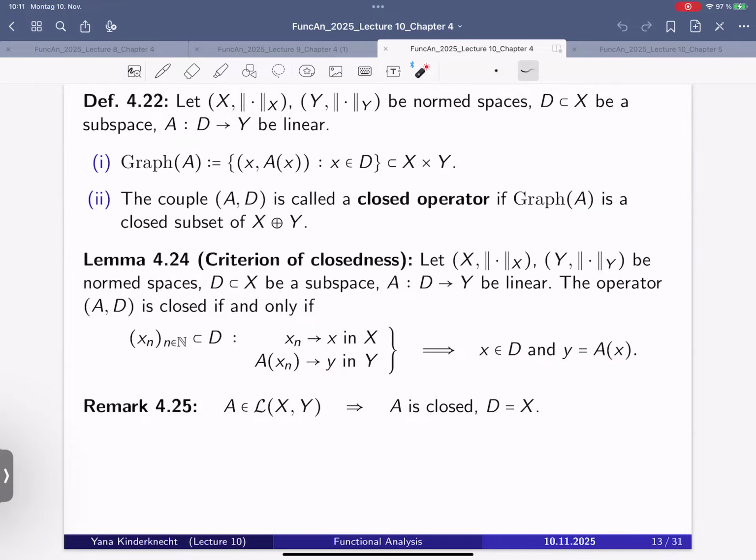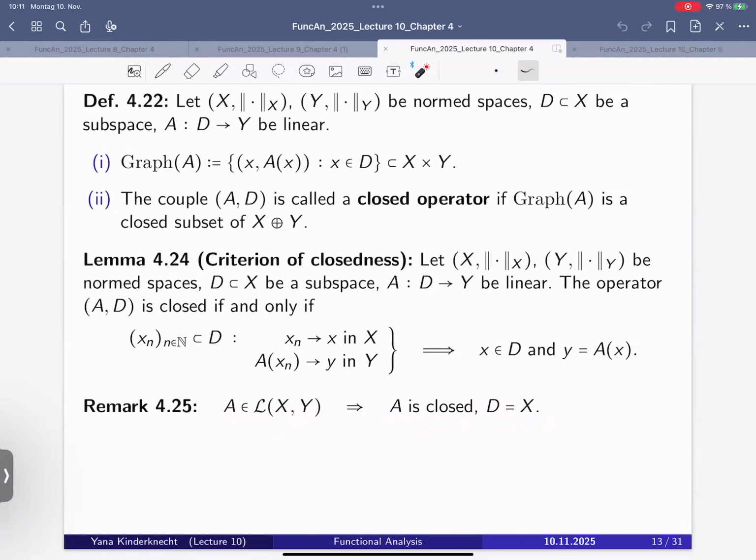We also have shown that if A is a bounded or continuous linear operator from X to Y, then it is closed, and the domain of definition of this closed operator is the whole space X. So each continuous, respectively bounded, linear operator is closed.